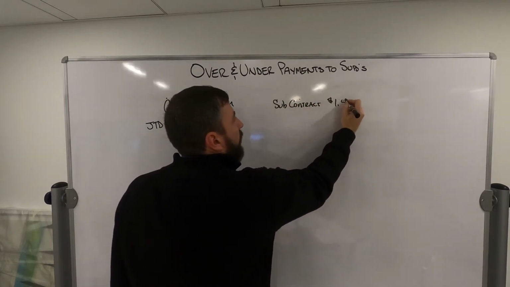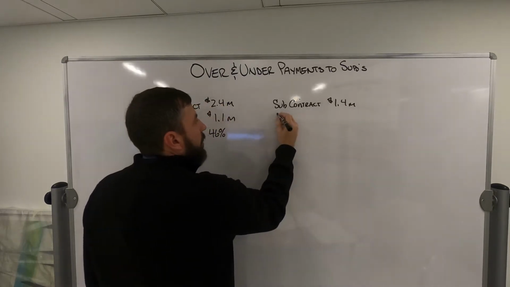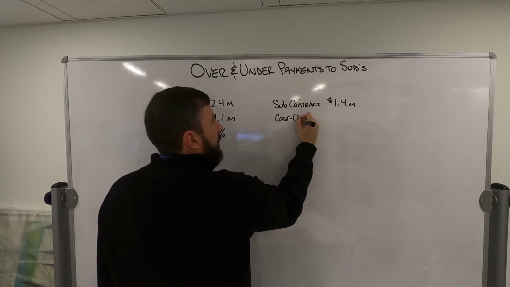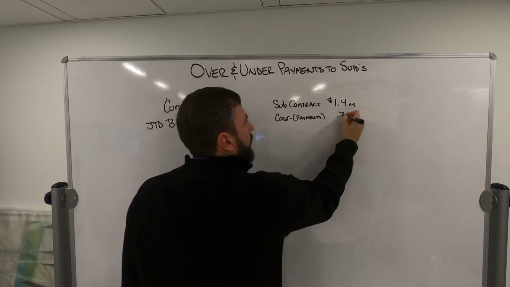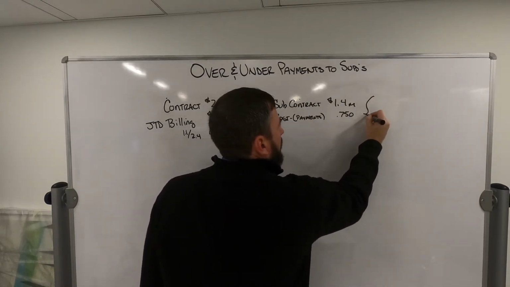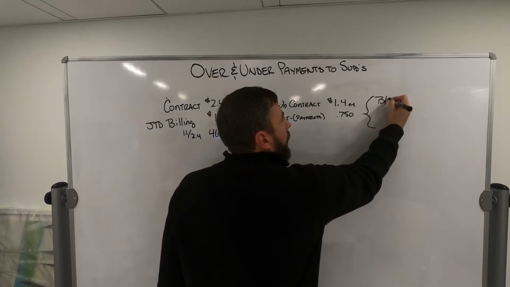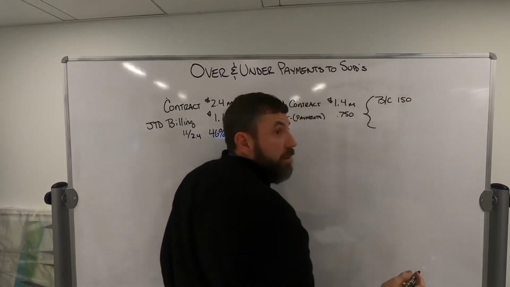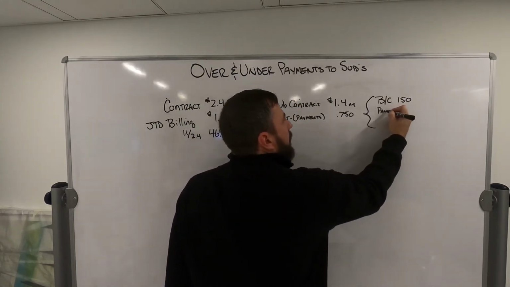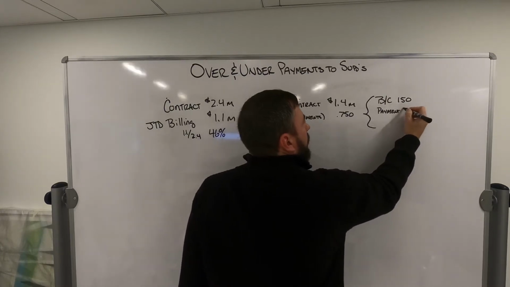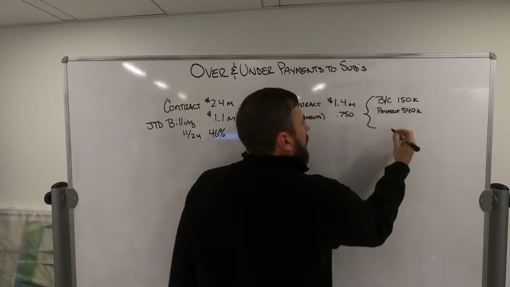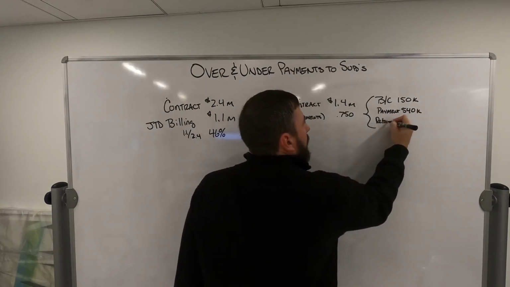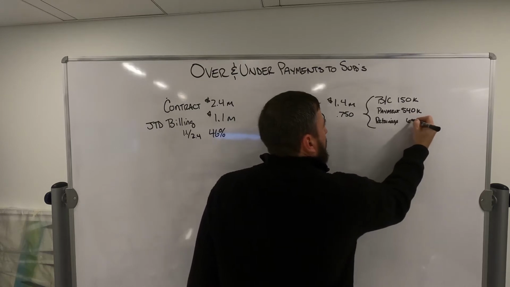let's say 1.4 million, and cost or payments is $750,000. That would be a combination of his back charges, let's say 150, direct payments, 540,000, and then retainage of $60,000.